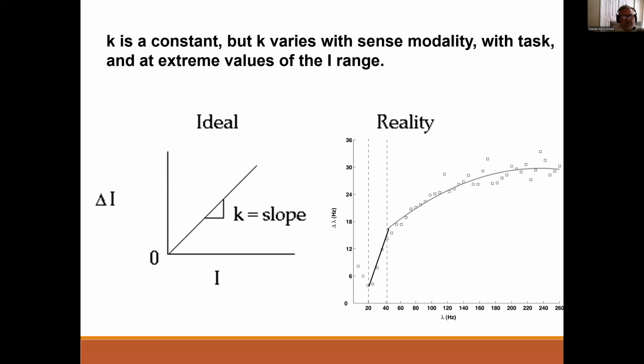Maybe I want to do it for detecting the change in the sweetness of a sugar solution, or the sourness of an acidic solution. What I would find is that they should all be expected to conform to Weber's law and therefore have a constant slope, but they might all have a different K value, right? So what we might find is that the value of the slope differs across different senses.